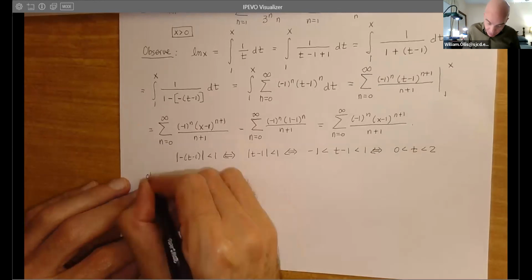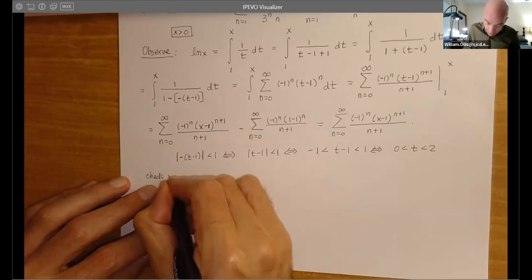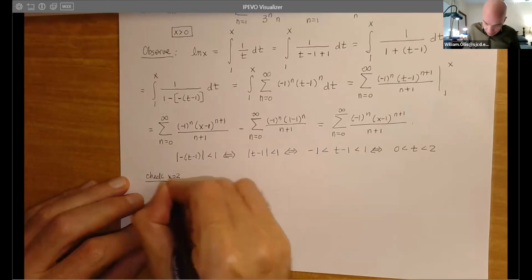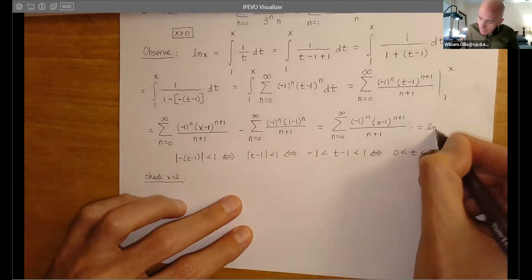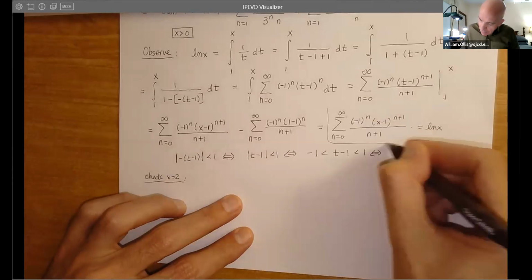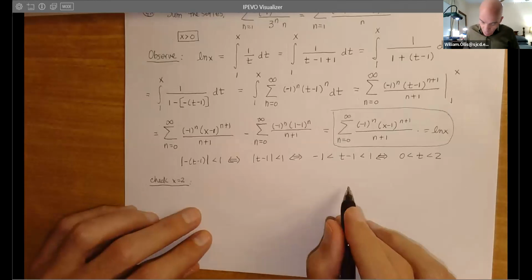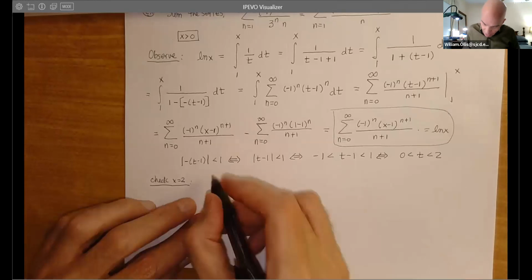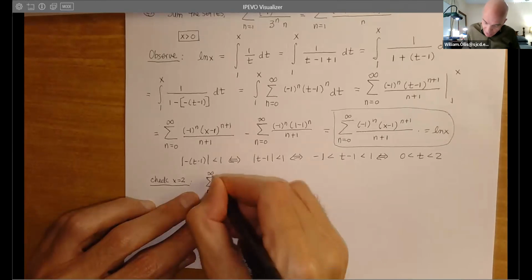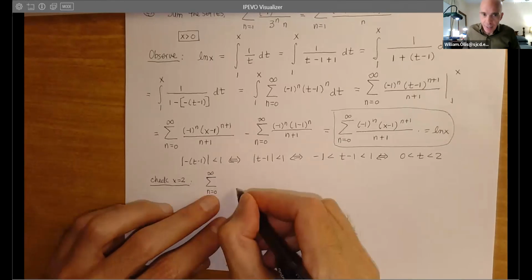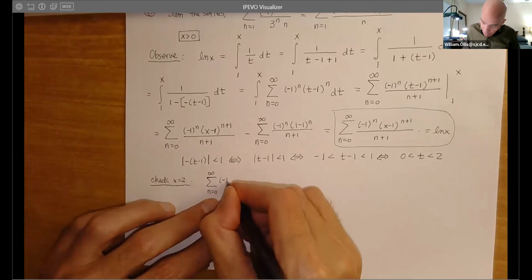So let's check x equal 2. So now let's go ahead and put a box around this. If we look at this, we've got x equal 2, so we have the series n equals 0. I want to have you check the endpoints, like just finding the n for the error, just good calculations, easy to do, but important.